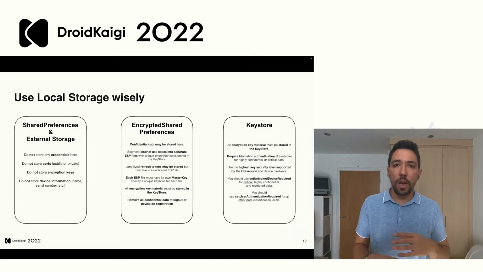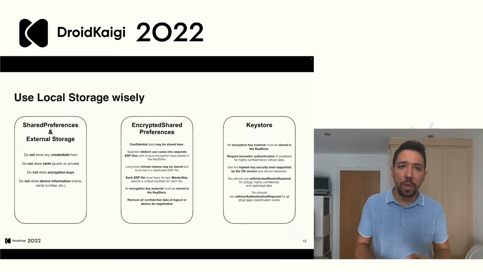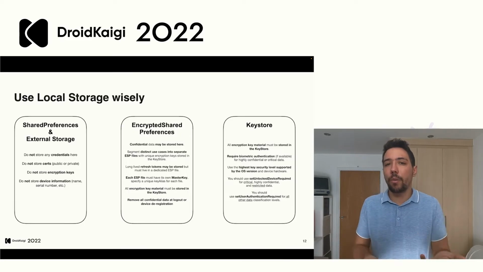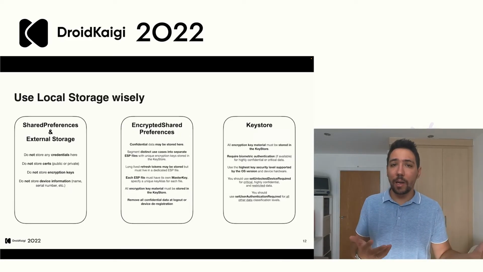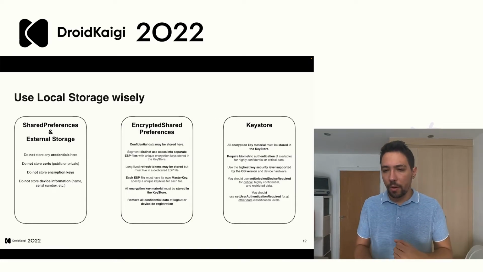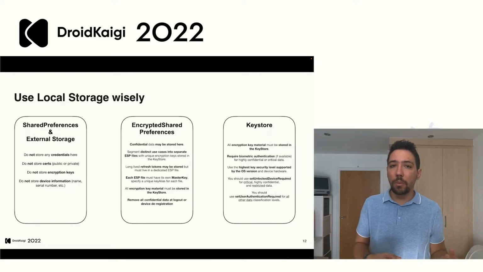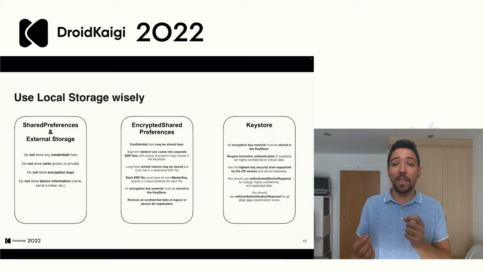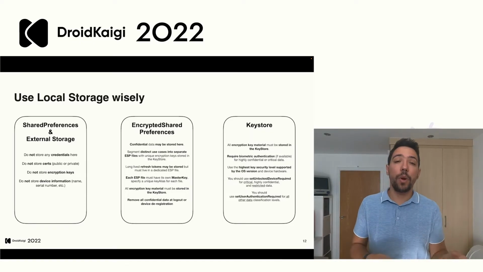Any time we're accessing the key store, we should be using either biometric authentication or the highest form of authentication that the device makes available. And there are some other things. For example, we should always require the highest security level supported by the OS version, or we should use the set unlock device required for critical and highly confidential and restricted data.